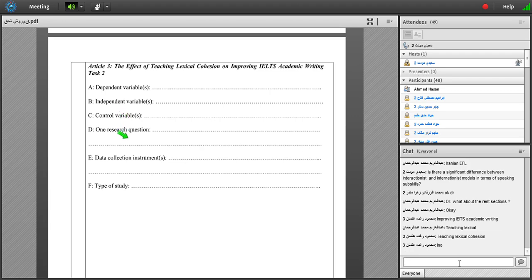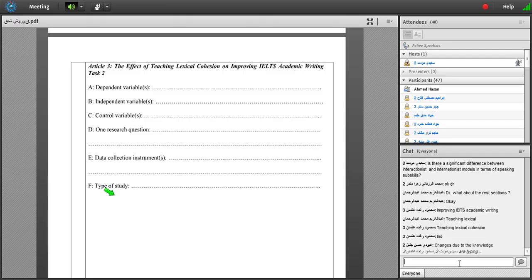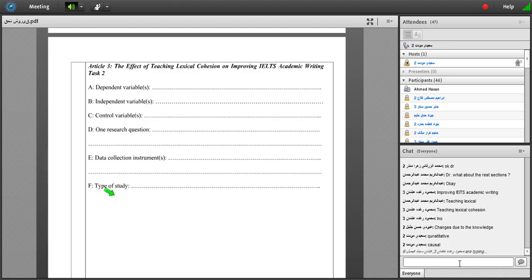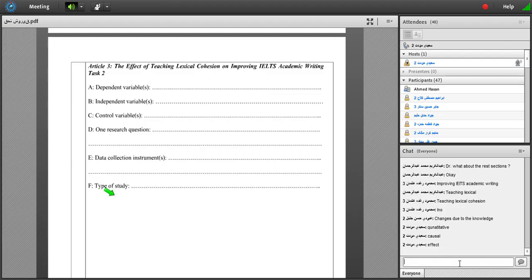Now, what about the type of study? Again, the type of study is quantitative. It is quantitative, but it is causal, and it tries to understand the effect of something.